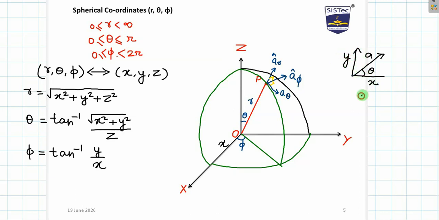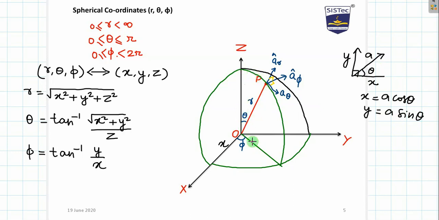So what do we write? X equals to what? Since this vector is making angle theta with x, so x we write a cos theta. And if they are mutually perpendicular to each other, so we write y as 90 minus theta, so it is a sin theta. Similarly, see this r vector. This r vector is making theta with the z axis.